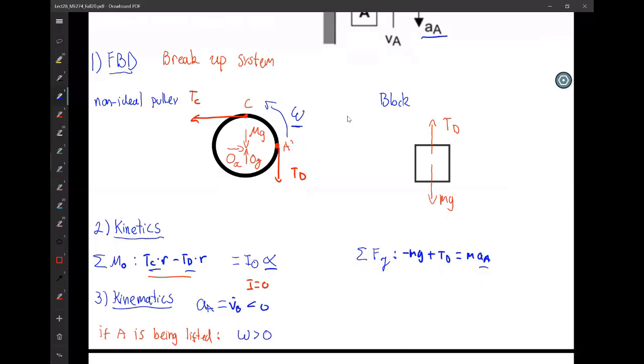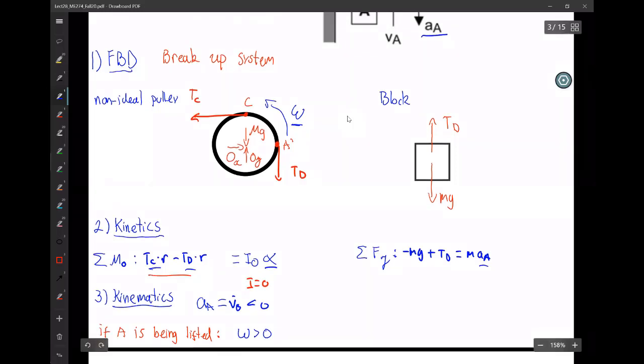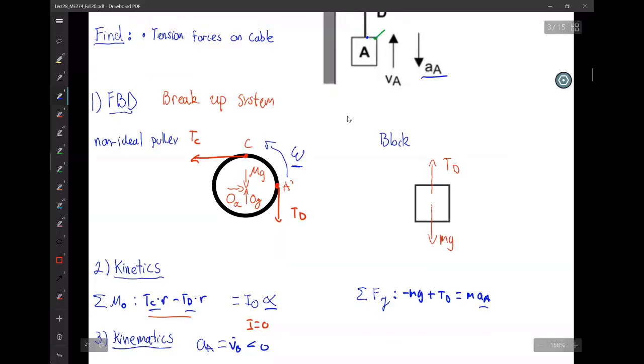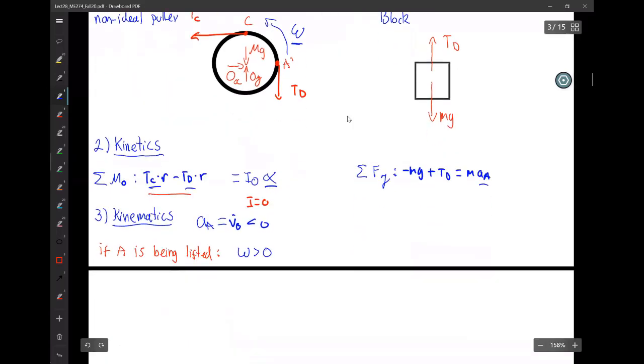So the angular velocity is positive. And then we do the common trick of saying, okay, we have a cable, the cable is inextensible, so the acceleration of this point and this point is the same, right? Remember that from chapter 1 and before. So we say the acceleration of point A on the pulley is equal to the acceleration of block A.